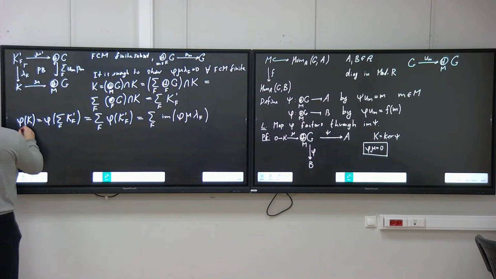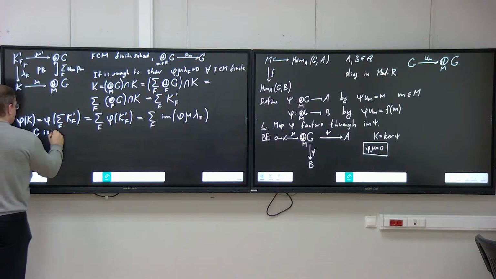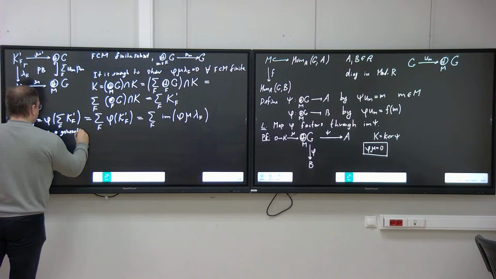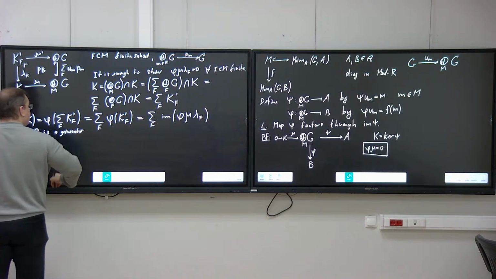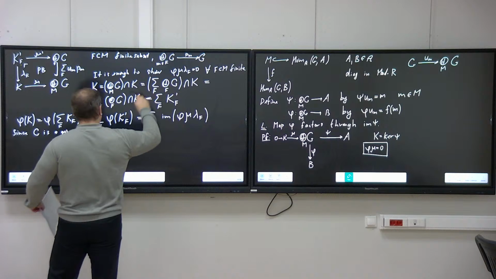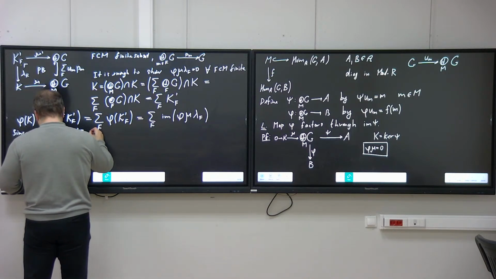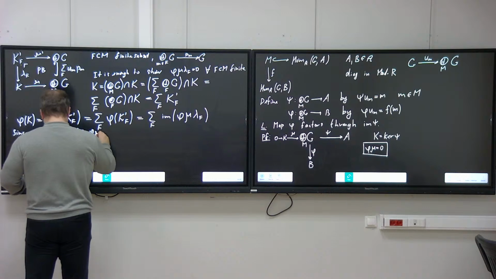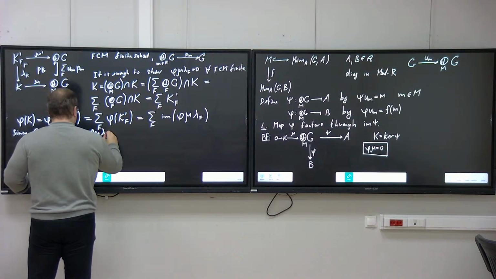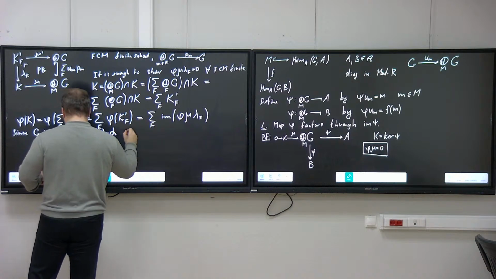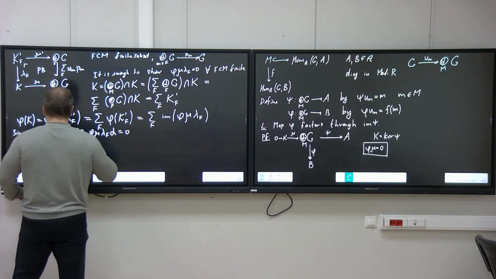Since G is the generator, instead of showing that this composition of three maps is zero, I'm going to show that the composition of the four maps, phi mu lambda sub F alpha, is zero.